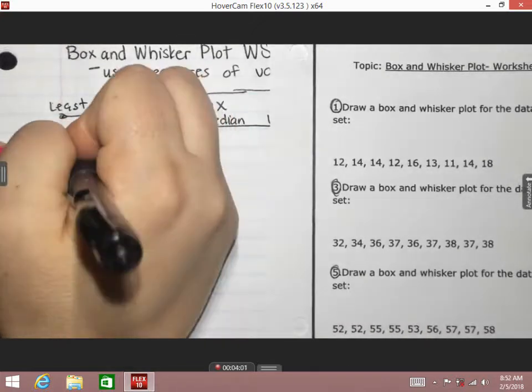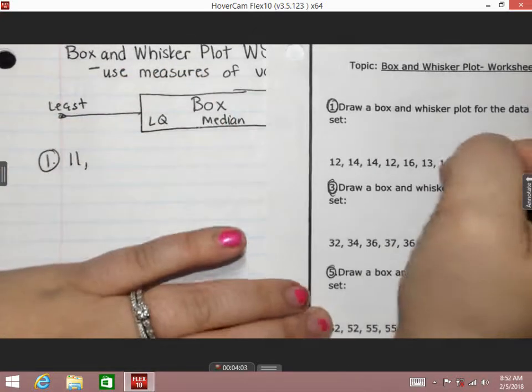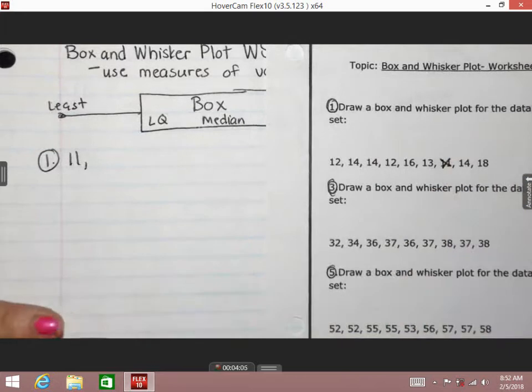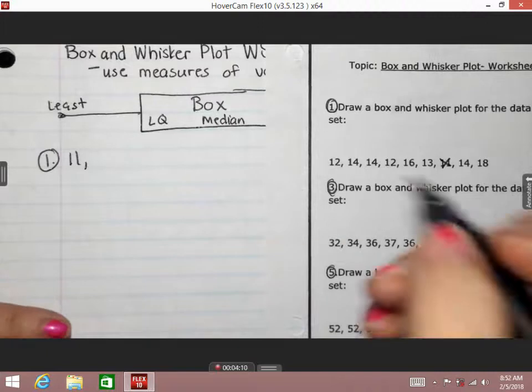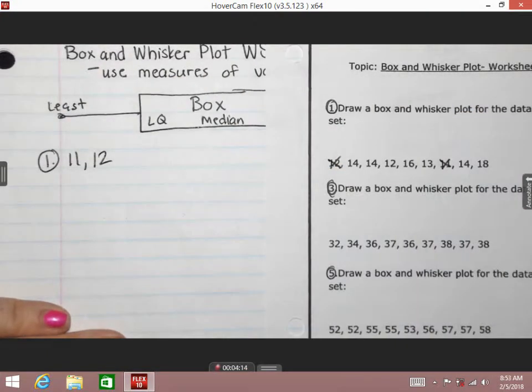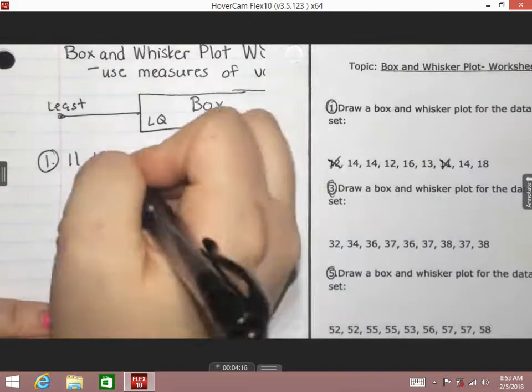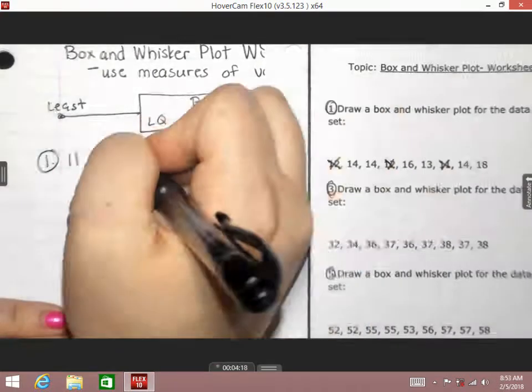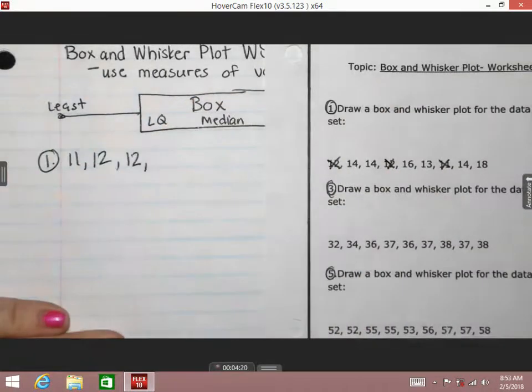11. And remember, after I write the number, I'm going to go ahead and mark it out over here so I know I've used it. 11, then what do we have? After 11, Emily? 12. So I'm going to mark out the 12 in front. All right, what's going to be after 12, Faith? 12. And then what do we have after 12?